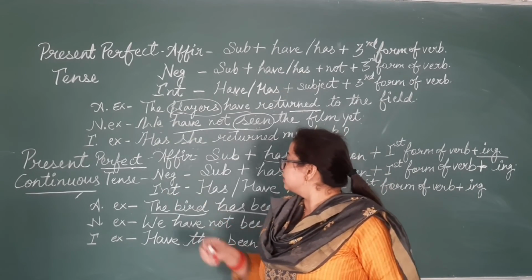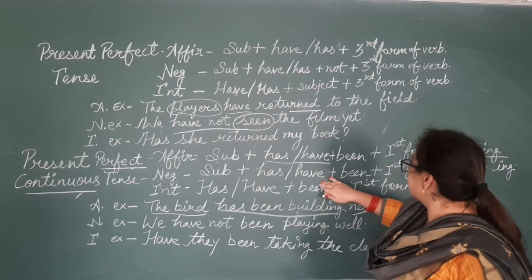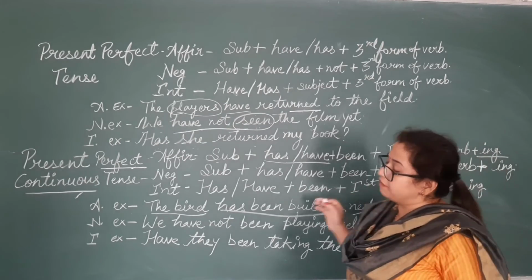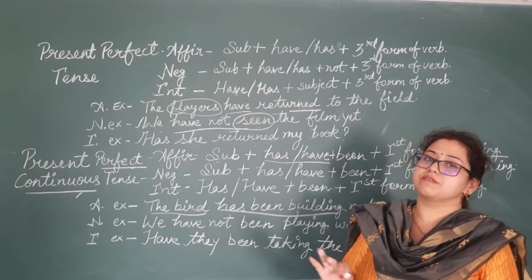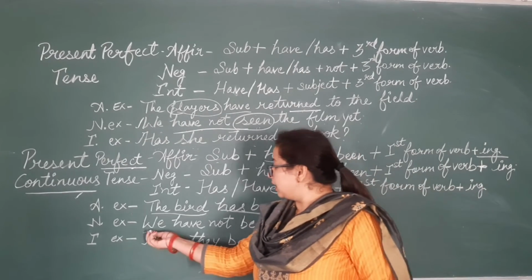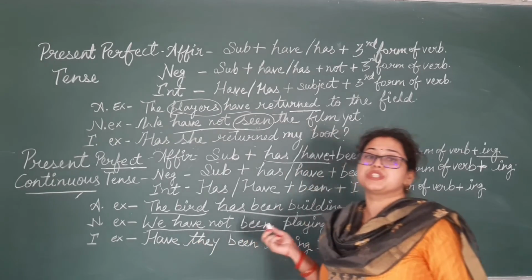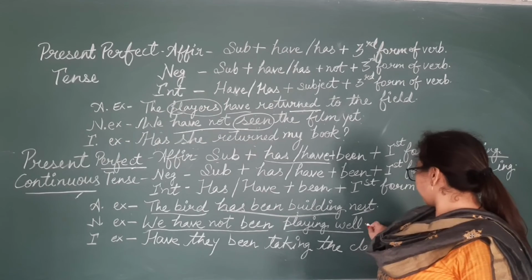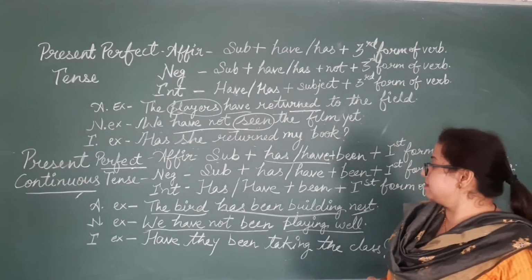Next is negative. How are we going to make negative? Subject plus has or have plus not plus been plus the first form of the verb plus ing. We use ing because of the continuous, and has or have because of the perfect. So here we have: we have not been. We put not in negative sentences. Next is interrogative, the question mark questions.